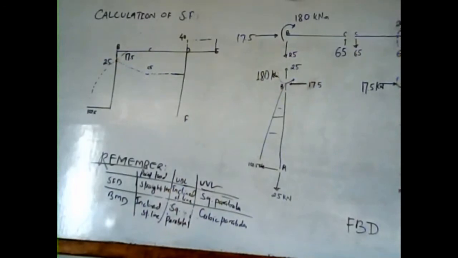If the member AB is straight, then the force 102.5 is in the perpendicular direction. So this is the shear force. 102.5 is your shear force in section AB at point A.